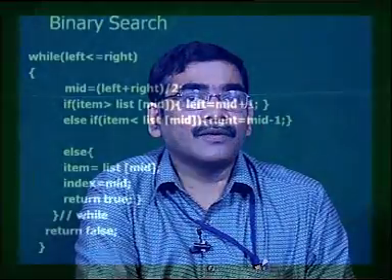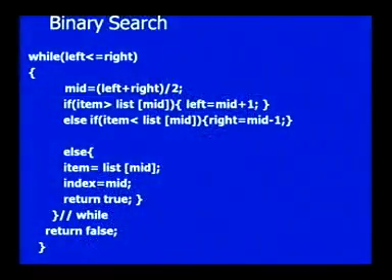This will go in a loop till the condition that your left is less than or equal to right holds. Once it violates this condition, once your left becomes greater than right, then you have to exit. In this particular algorithm, it may happen that what you are searching for is available.